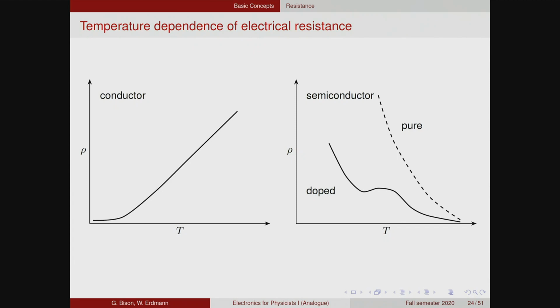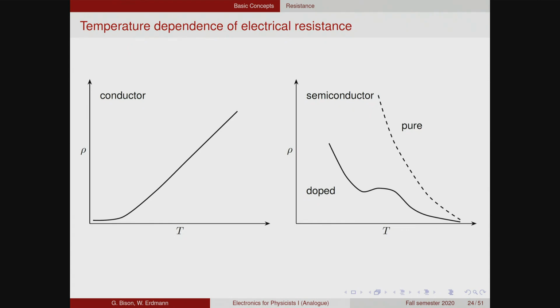At low temperatures, the atom with which it could collide is at rest, so it can go past it. At higher temperatures, this atom is moving itself, so it's a larger target. For that reason, the probability to hit it is larger, and the electron has a larger friction and doesn't move as quickly.